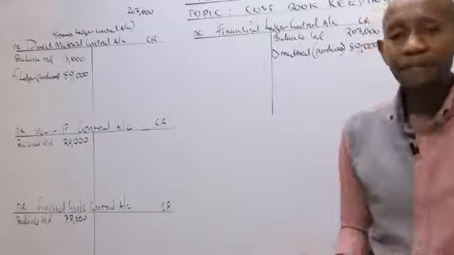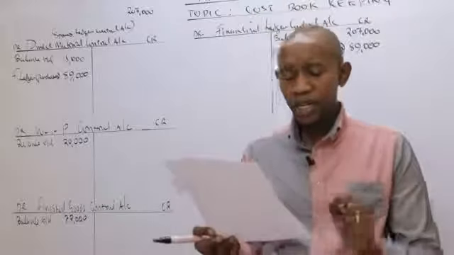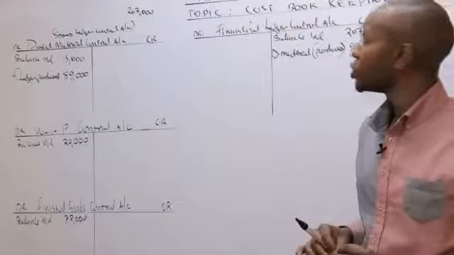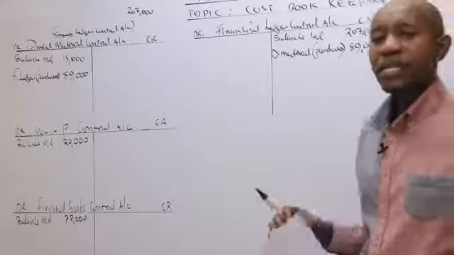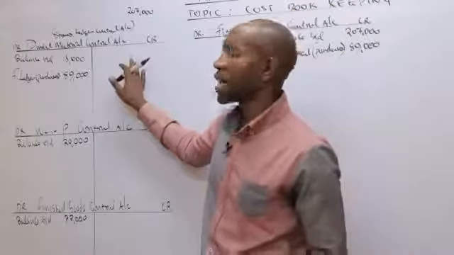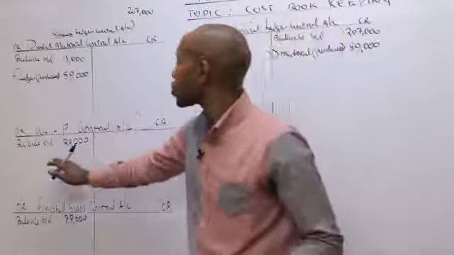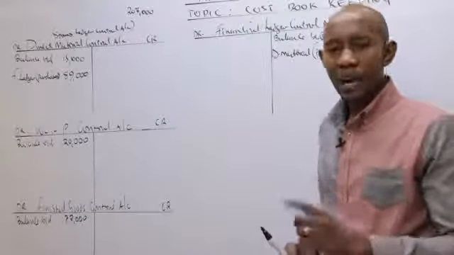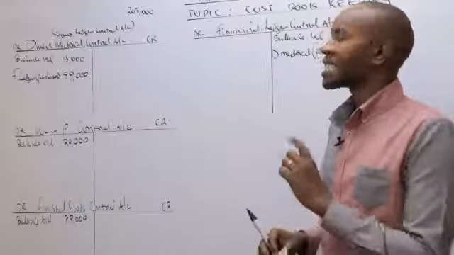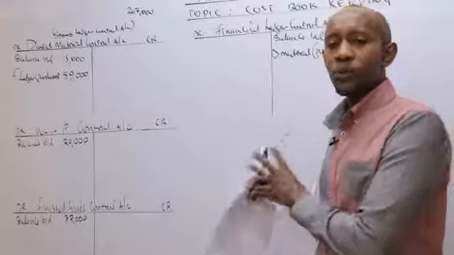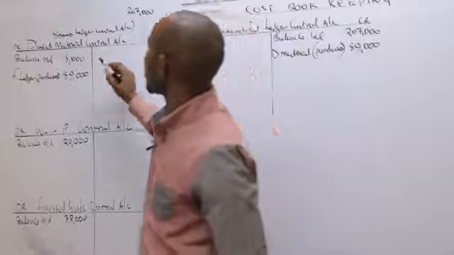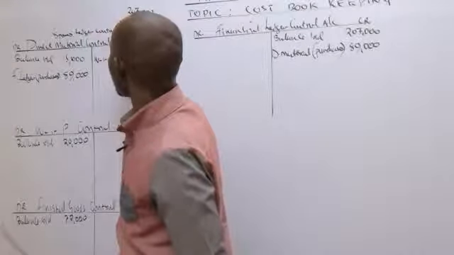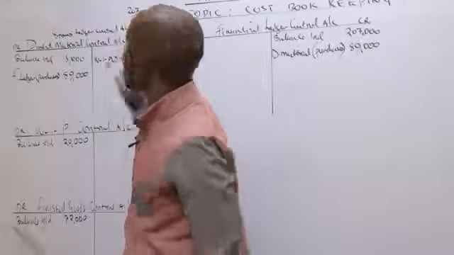Now then we have materials issued to production. When we say material issued to production, that is going to the work in progress control account. So that is direct material that we are issuing. We say to work in progress, and this is specifically the direct material.